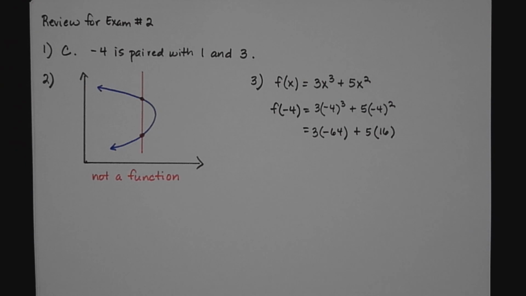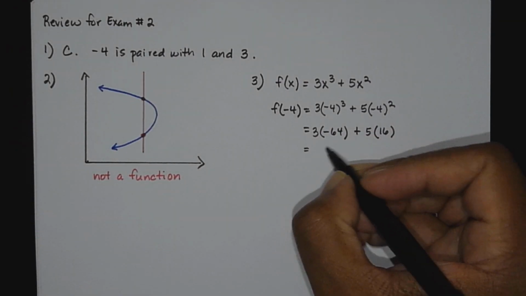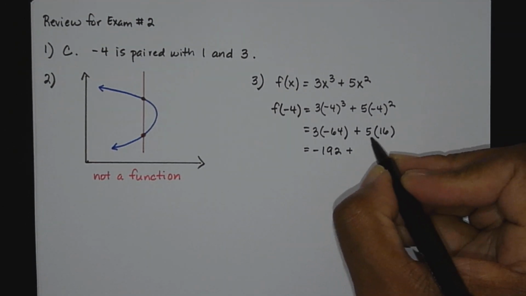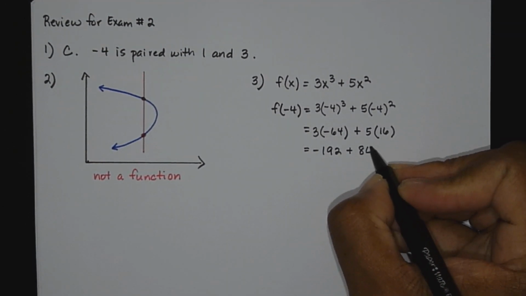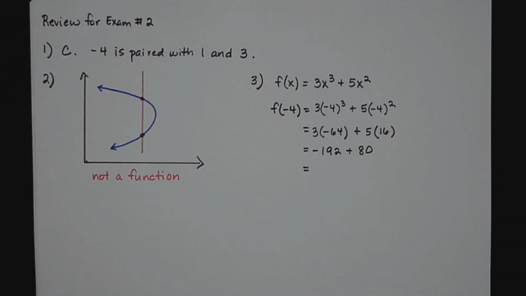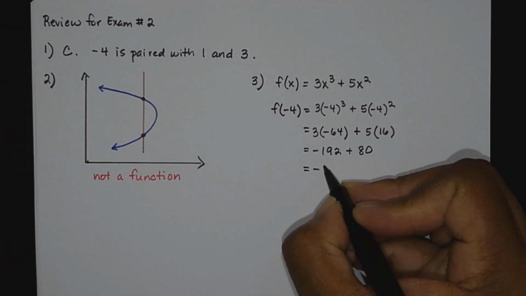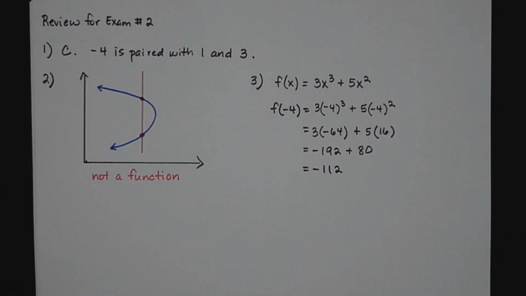And then 3 times -64, I think that's -192, plus 5 times 16, which is 80. And then what's -192 plus 80? -112. So the value of this function when x is equal to -4 would be negative 112. Are there any questions about number 3?